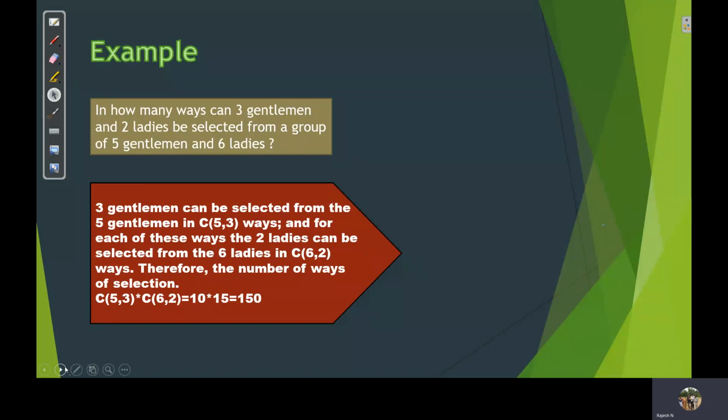In how many ways can 3 gentlemen and 2 ladies be selected from a group of 5 gentlemen and 6 ladies? There are 5 men and 6 ladies. We want 3 gentlemen and 2 ladies. From 5 people, 3 people can be selected in 5C3 ways. From 6 people, 2 people can be selected in 6C2 ways.